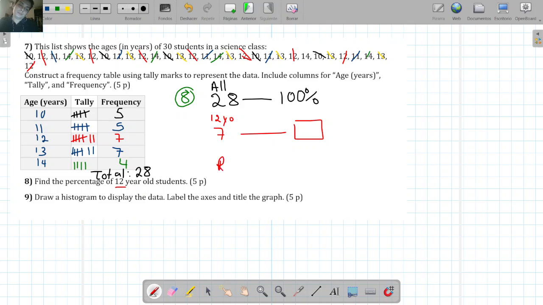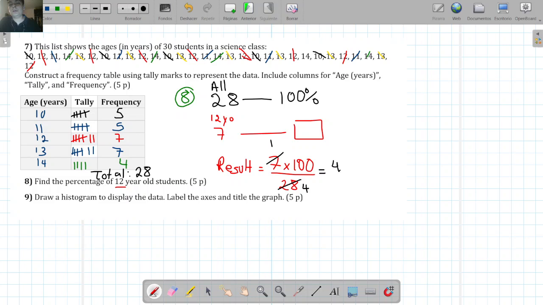Our results. It's just going to be 7 times 100, and we divide it by 28. You might be surprised, 7 and 28 can be simplified. 1 and 4.